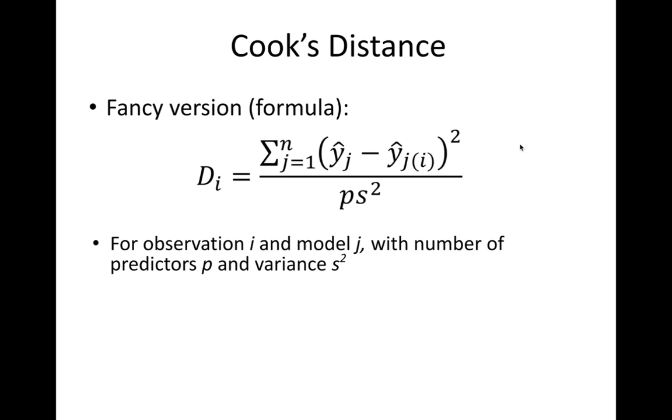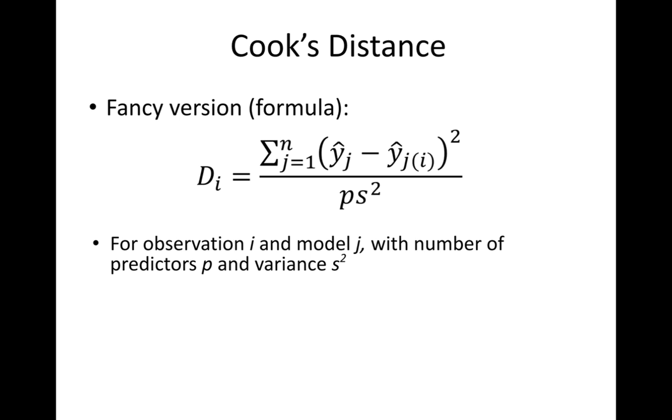We have observation I and model J: model J with I and model J without I. And then you have a number of predictors and a variance. So that's the formula.